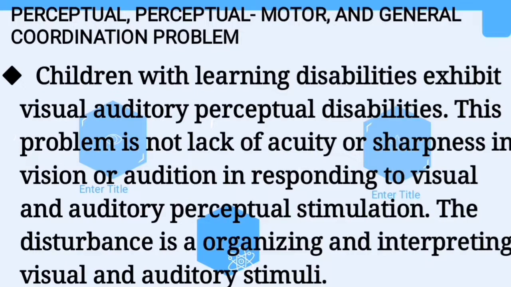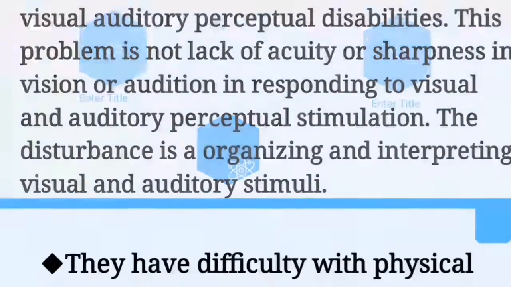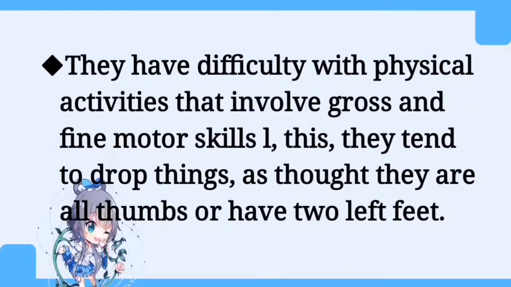Thus, they have problems in seeing and remembering visual shapes, which leads to reversals of B and D. For example, they have difficulties in discriminating two words that sound alike, such as meet and knit, or in following oral instructions. They have difficulty with physical activities that involve gross and fine motor skills. They tend to drop things as though they are all thumbs or have two left feet. They also have problems with attention and hyperactivity.